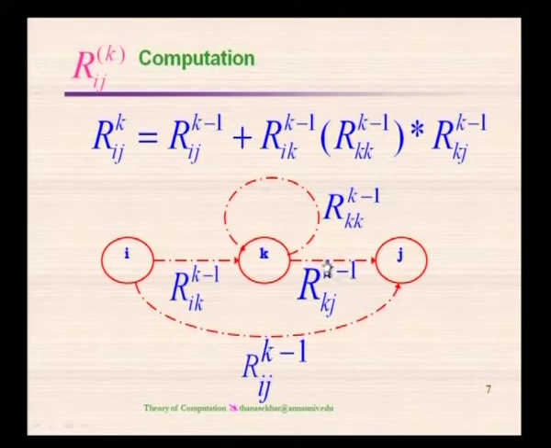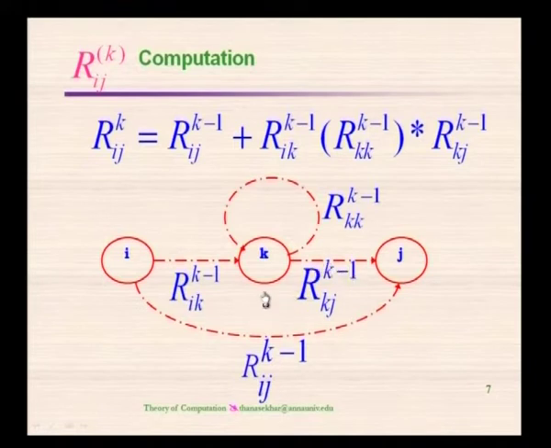So, the regular expression described by k to j is denoted by r k j with the superscript k minus 1. If I am combining i to k and k to j, I have a new regular expression, that is a concatenation of r i k k minus 1 and r k j k minus 1.